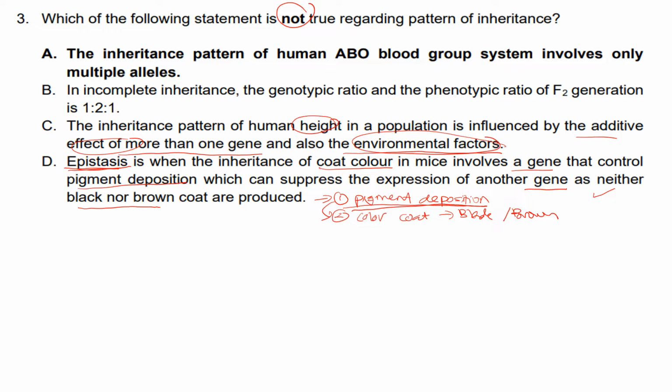Another example of polygenic inheritance is skin color. The color of the skin is influenced by the expression of the genes and also environmental factors.